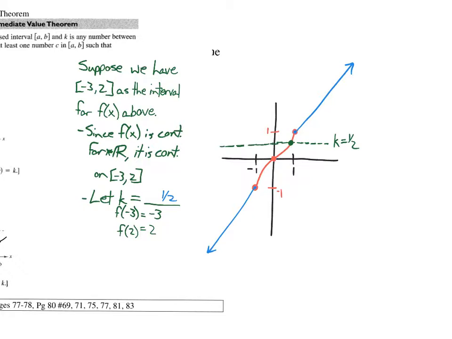Now, one thing where looking at the graph is useful is in what, in this case? How is it helpful to see where it is?